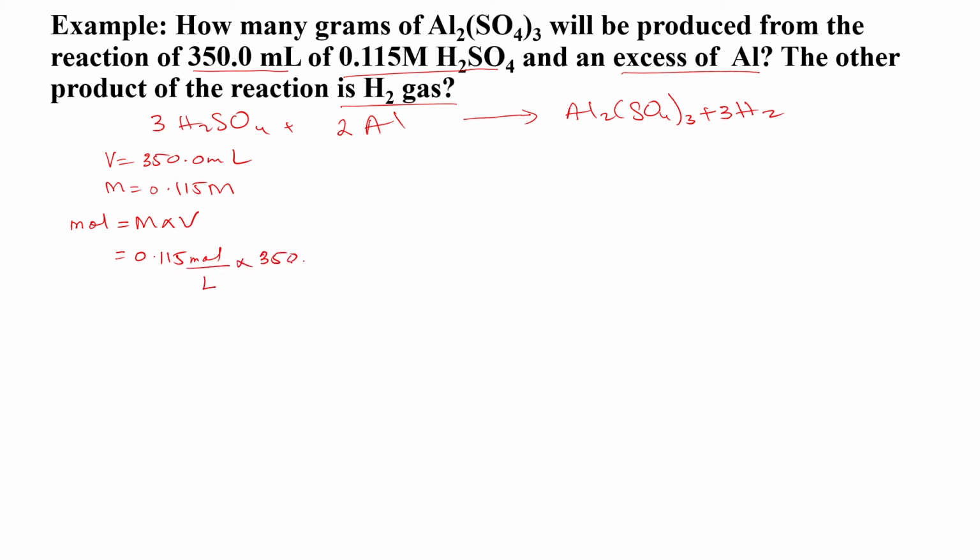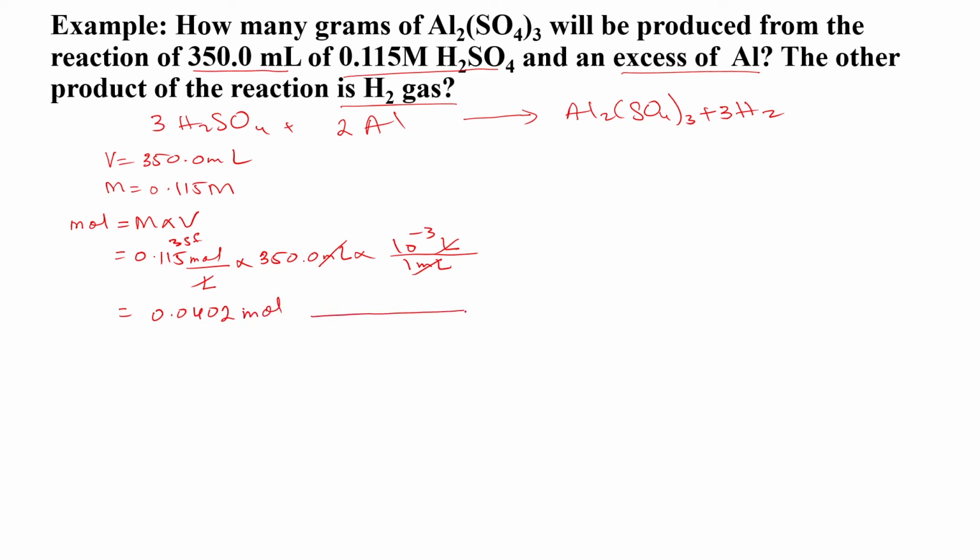We need to convert milliliter volume to liter. 3 sig figs, so I'm writing just 3 sig figs in my answer, and the unit is moles. So we have this many moles.